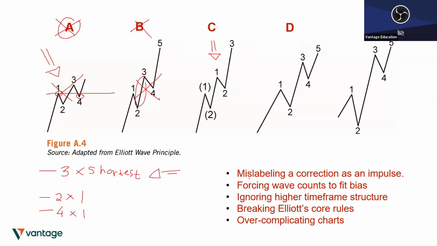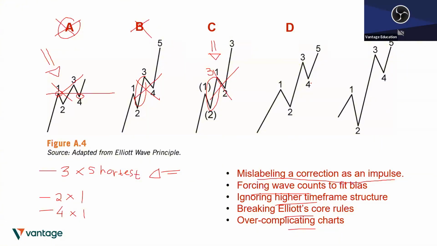The things that are commonly done is mislabeling a correction as an impulse or whatever it is. These are all the common mistakes: forcing wave counts to fit bias, ignoring higher time frame structure, breaking Elliott's core rules, and over complicating charts. So first of all, this has been labeled wrongly. It should be 1, 2, 3, 4, 5. Number 2, it is wrong because this, which is supposed to be 3, should not be the shortest. Again, this is the shortest, so this is wrong.